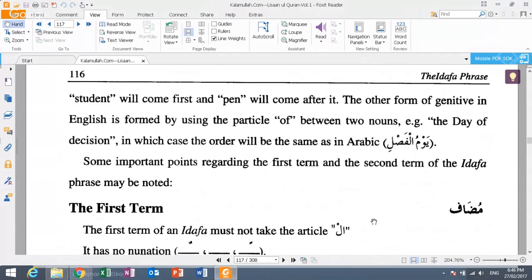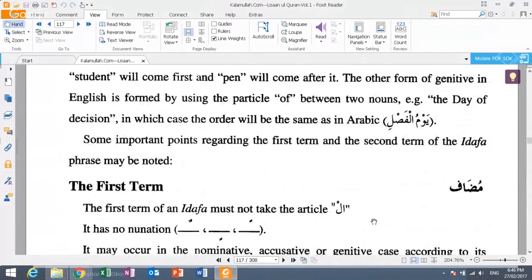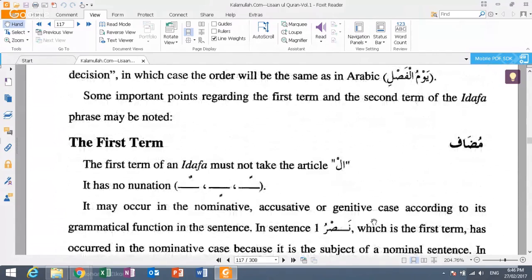Some important points regarding the first term and the second term of the idafa phrase may be noted. The first term of an idafa phrase must not take the article al. So firstly this one. These are the things you have to put in your mind. So no Alif Lam in Mudaf.